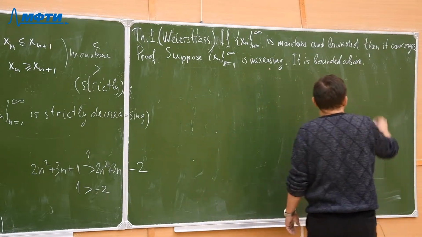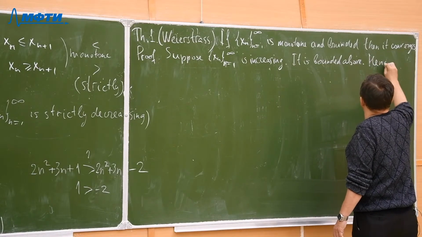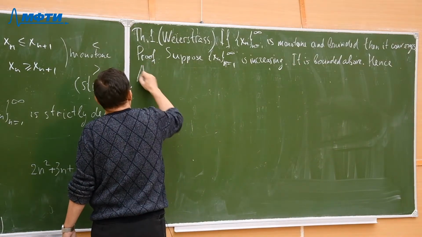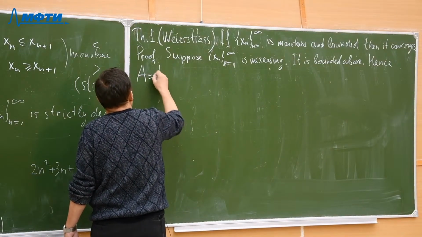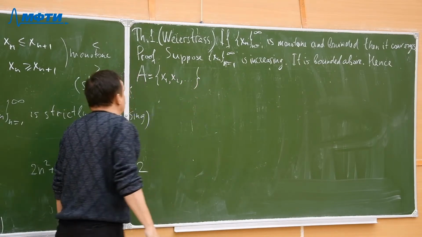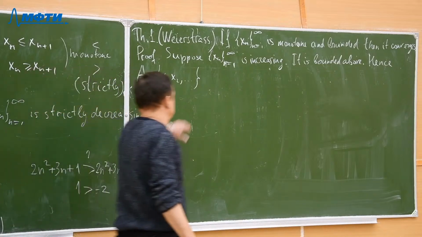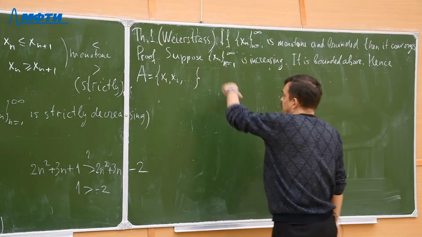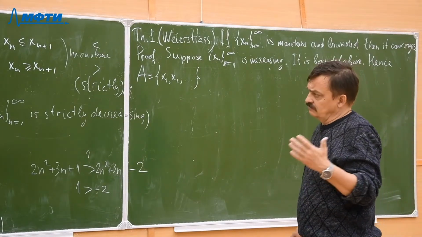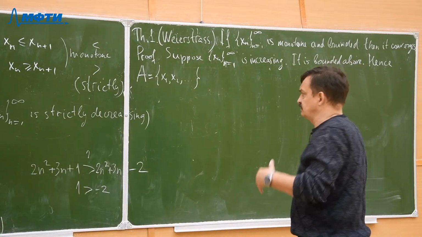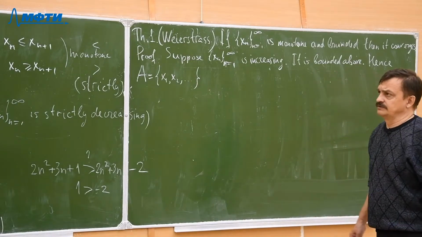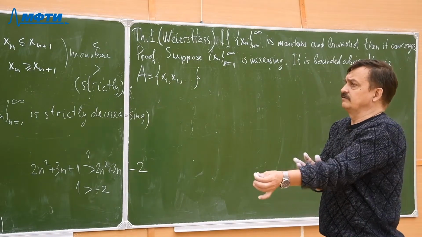Hence, the set A, if we put A as x1, x2, and so on, that is slightly different from this notation. Why? Because in a sequence it may happen that one term is repeating several times, but for the set it doesn't matter. We don't repeat one element of the set several times.